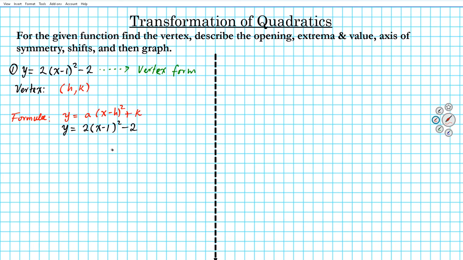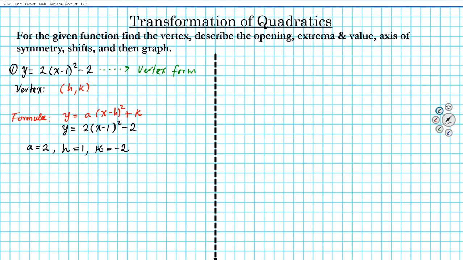We can easily see what h and k are with this setup. We're going to extract a, h, and k, because a plays a role too. So a in this problem is 2, and h is basically the opposite of the number next to x. We have x minus 1, so we'll take the opposite, and h is going to be positive 1. And then k is the number that's been added to the squared quantity, so k is negative 2.